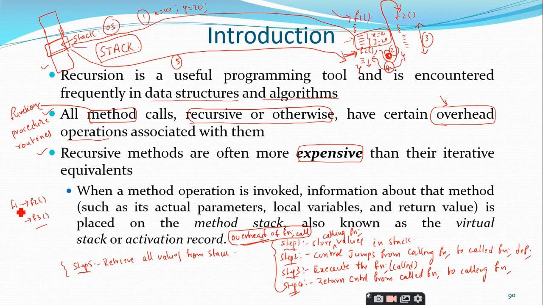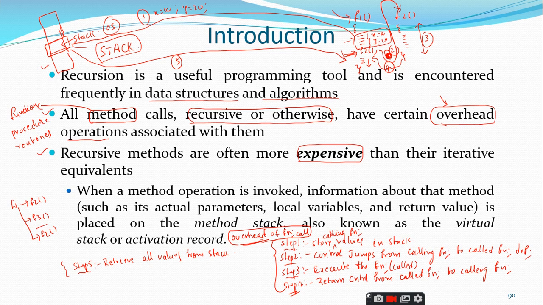Again assume that f1 calls f2 now. Again all these 5 steps will happen. So any number of times you call a particular function, all these 5 steps will happen. We collectively call these 5 steps a single entity, which is called the overhead of the function call.